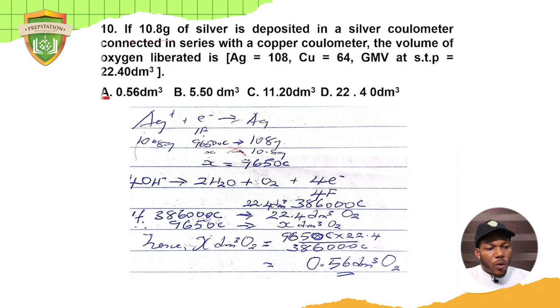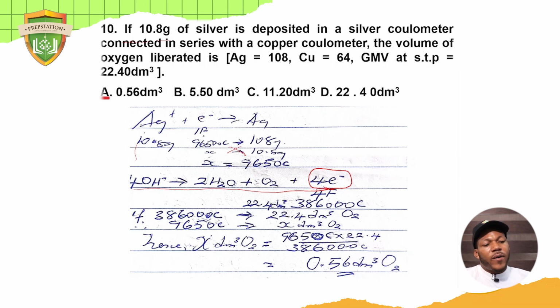Now, this is the quantity you need to get the volume of oxygen that is discharged at the anode. So when you do your anodic half reaction, you know that 4 Faradays will be needed from your balancing.